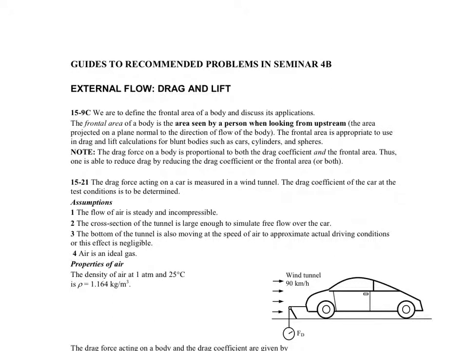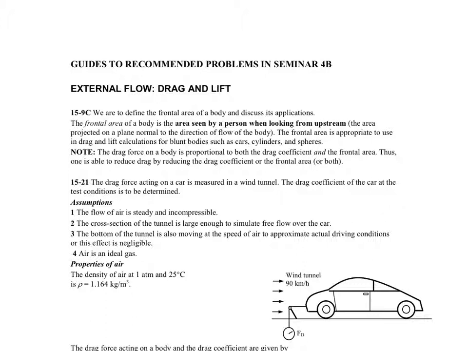We are looking now at the tutorial solutions for external flow and drag, that is drag and lift. In question 15-9C, we are asked to define the frontal area of a body and discuss its application.